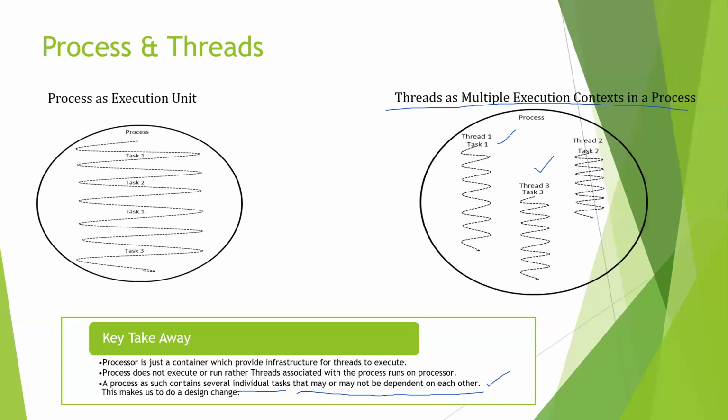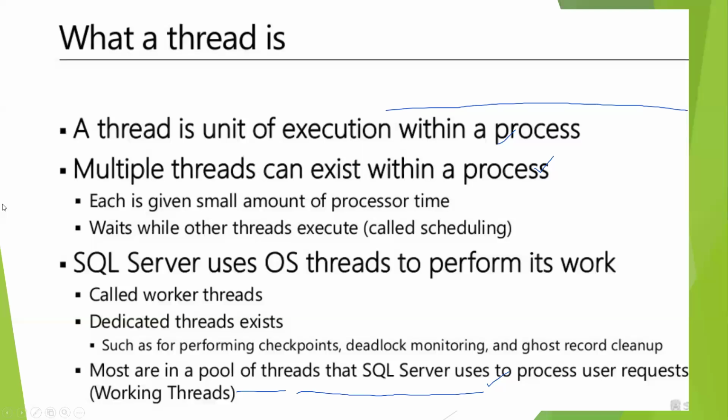Process is just an application which is kind of a container for your tasks, container for your workload, whereas the threads will be assigned to individual tasks. The task will be executed by the worker or the thread, right? Both are the same. Worker is the Windows terminology, and thread is the SQL terminology, right? This is the same thing, right?